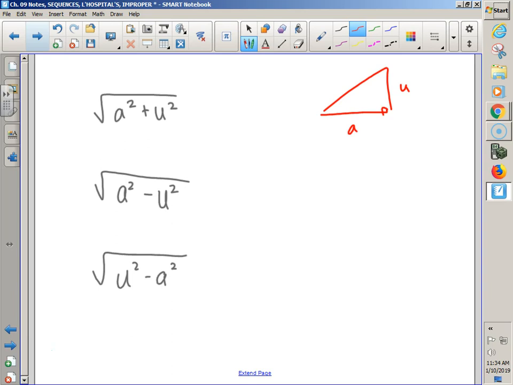This one could be a layout of a right triangle, Pythagorean theorem, solving for a leg.